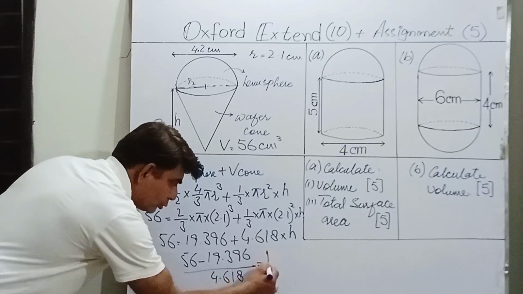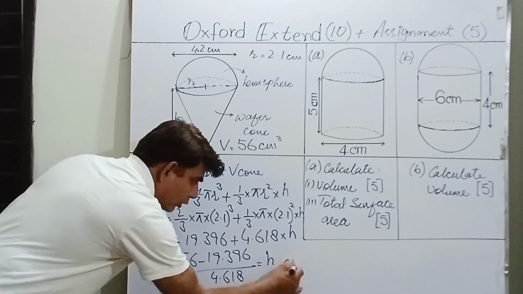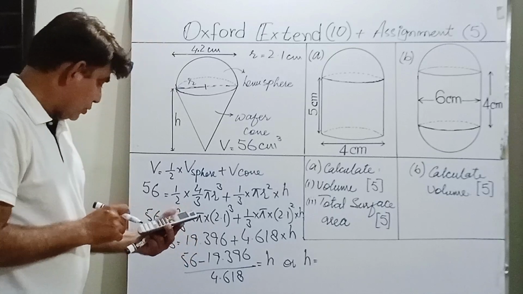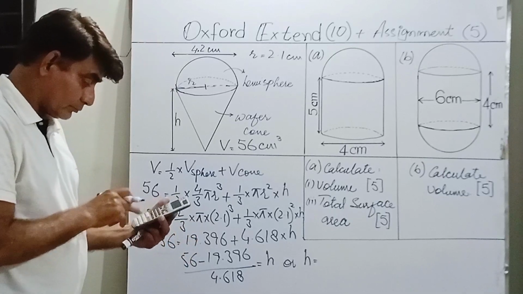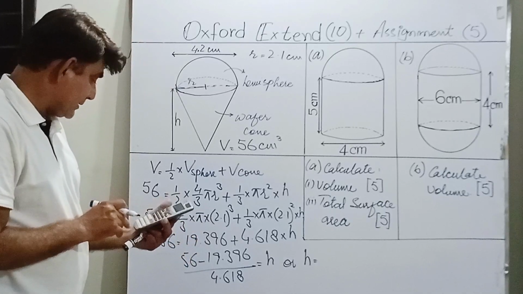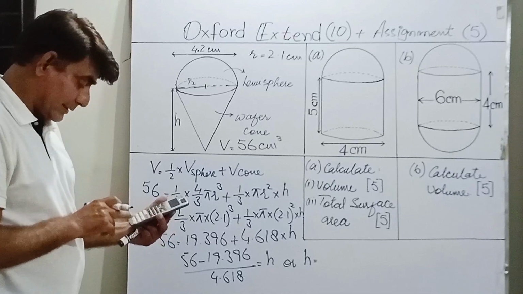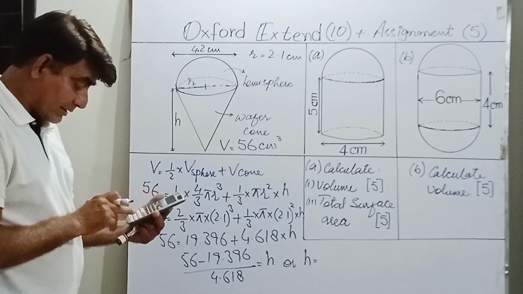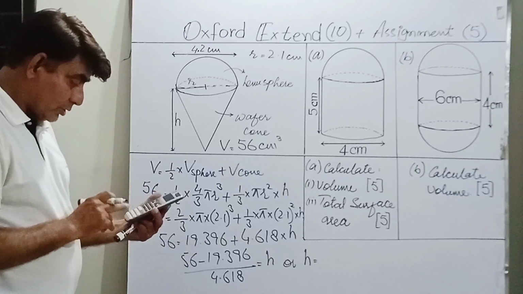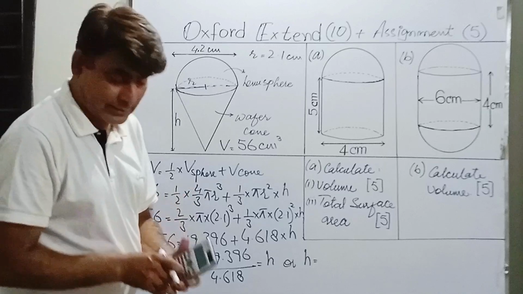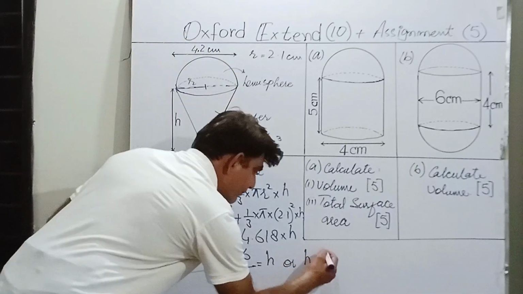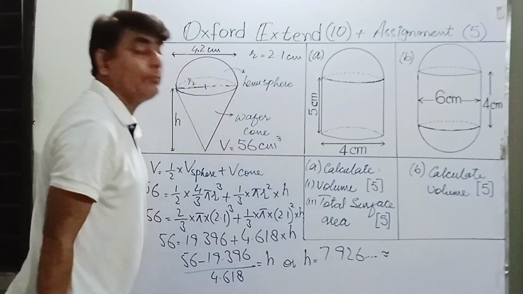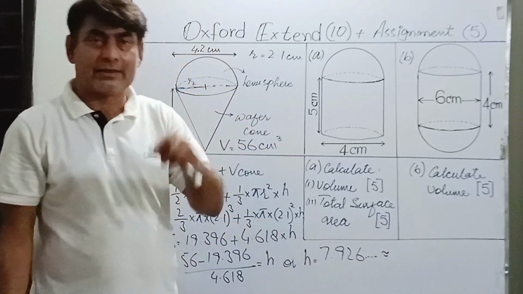The height of cone would be equal to 56 minus 19.396 divided by the previous answer, so it would be equal to 7.926, and so on. And in the given blank space, we have to write down the answer in three significant figures.